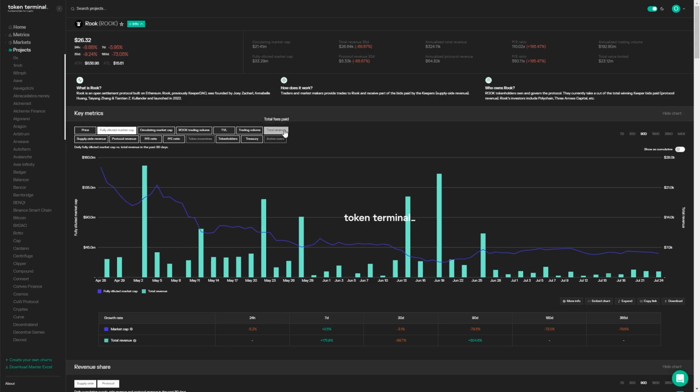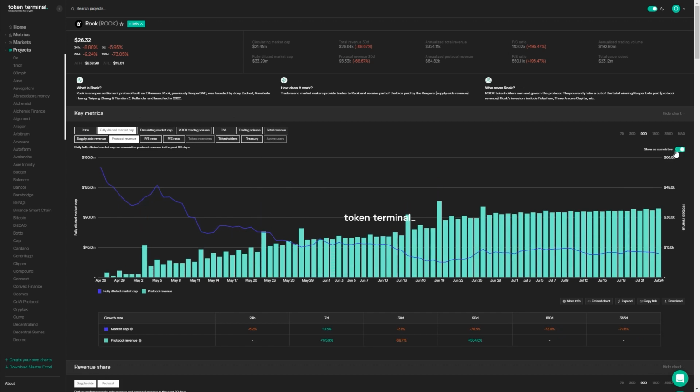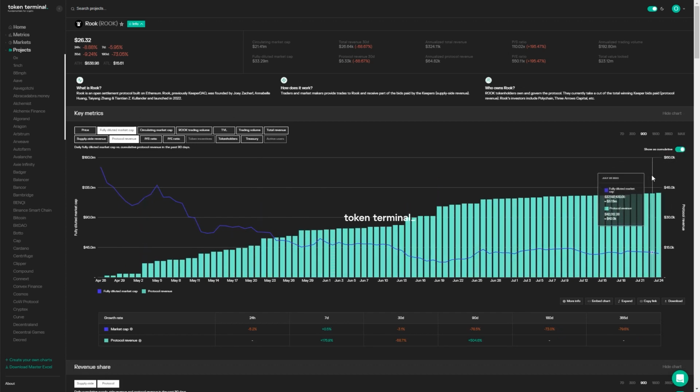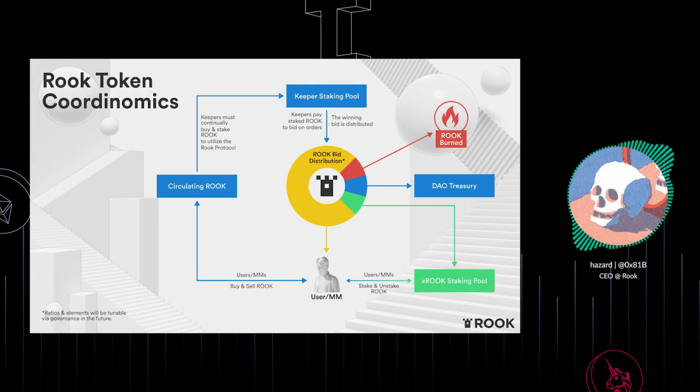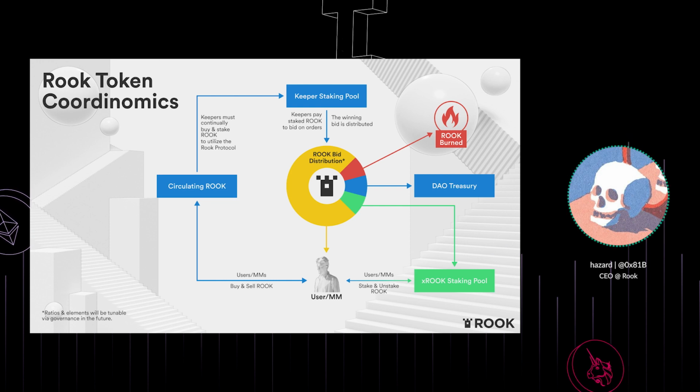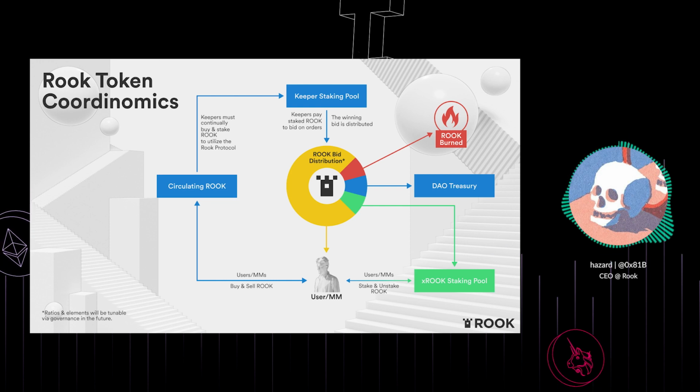Okay, cool. So xROOK stakers earn a portion of the total protocol revenues that you gather. How about the rest of this? Yes. So to be explicit, when ROOK is bid for these orders and the protocol accepts the winning bid, the protocol is going to divide that bid in several ways.